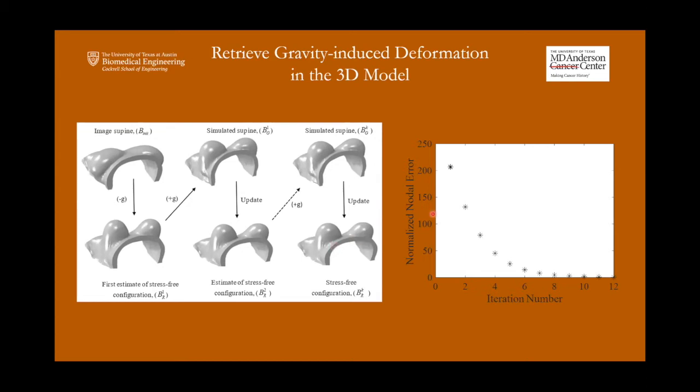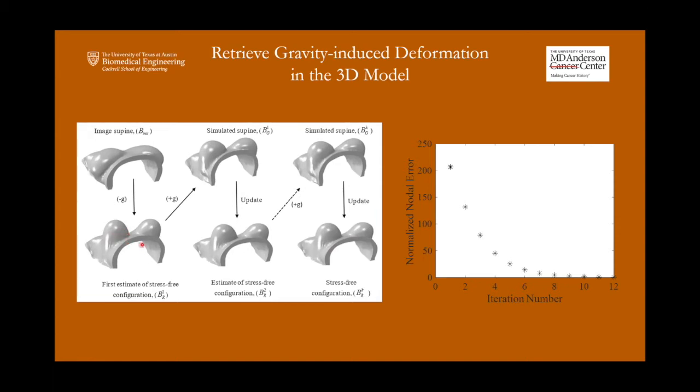To overcome this, we have one or two options. Either you have to estimate the distribution of forces, or you have to predict how the shape would look if there was no gravity, let's say if the CT scans were taken in space. So we make a guess for that, what we call the stress-free or gravity-free shape.